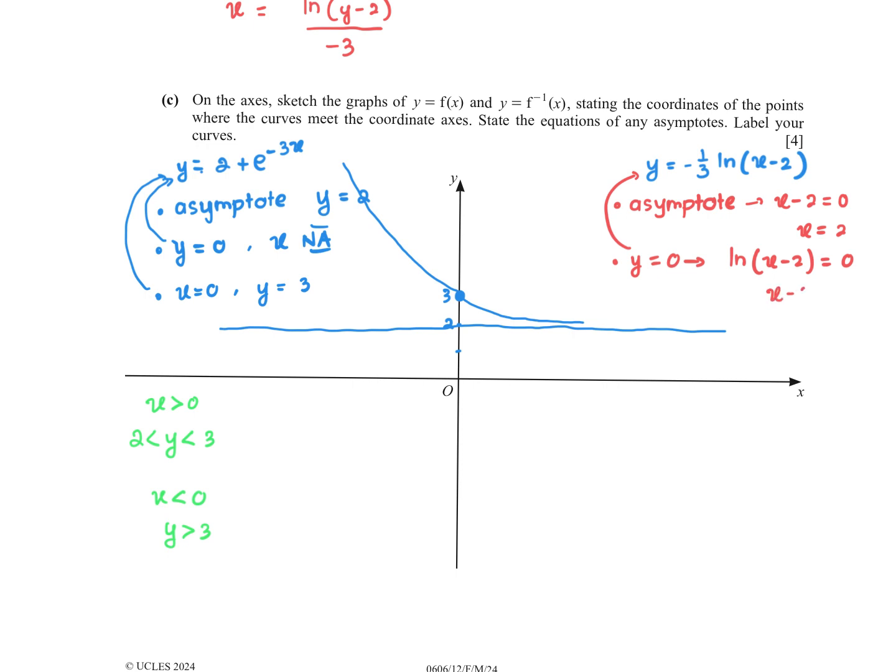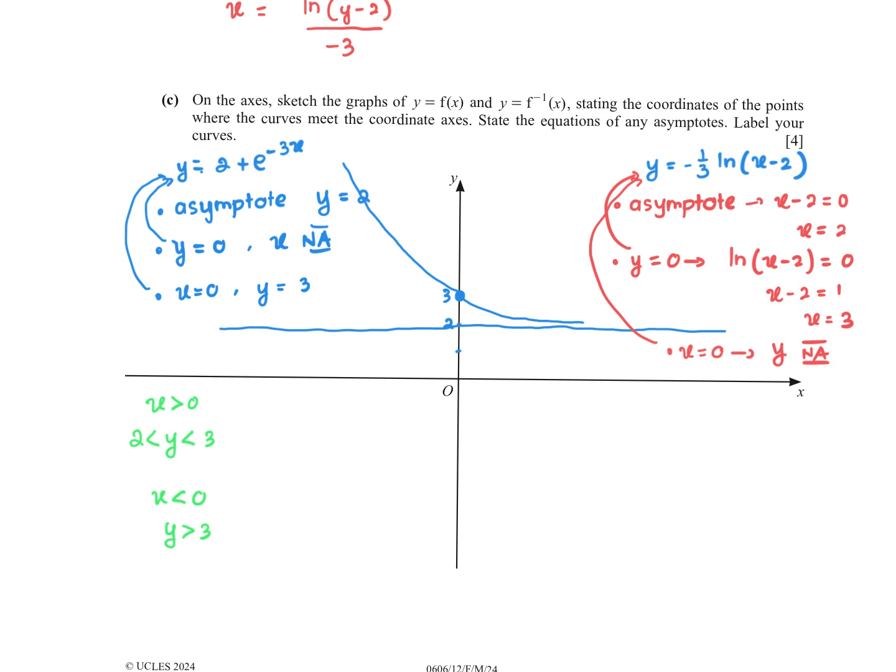The x minus 2 is equal to 1. x is equal to 3. While the y-intercept, when x is equal to 0, I substitute into the same equation. I cannot calculate the y because 0 minus 2 is negative 2. ln of negative numbers is a math error, undefined. So no y-intercept.